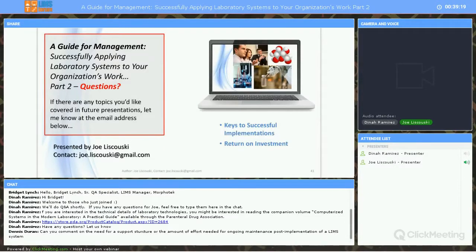All right, as far as the need for support post LIMS, there is ongoing need for things such as updates, changes, adding equipment. It's a fairly significant effort, and someone has to take that fairly seriously. And it's more than just the typical IT people.